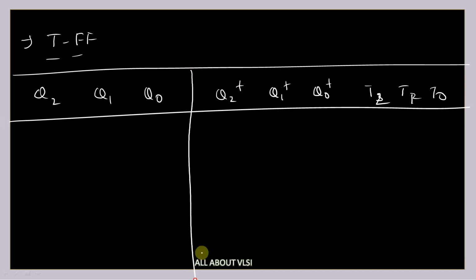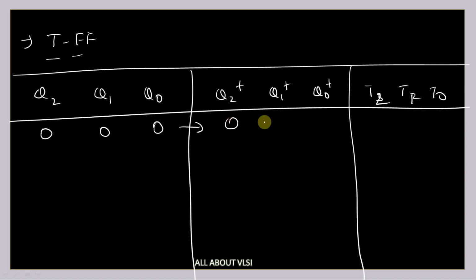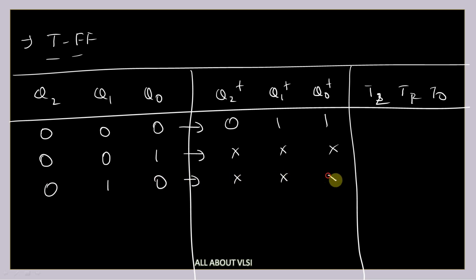Now, if my present state is 0, what is my next state? From the state diagram, it is 3, which is 011. If my present state is 1, my next state is don't care because there is no such state. Likewise, if my present state is 2, there is no such state, so the next state is don't care.